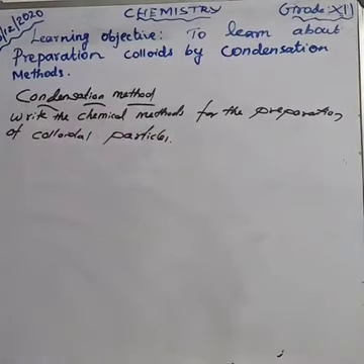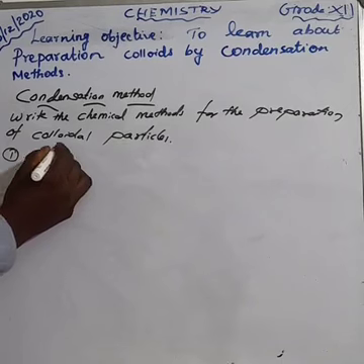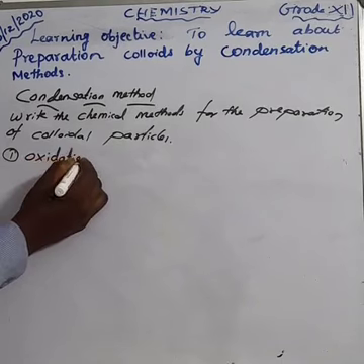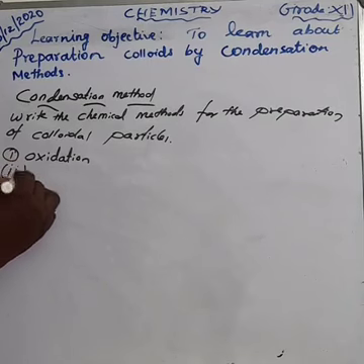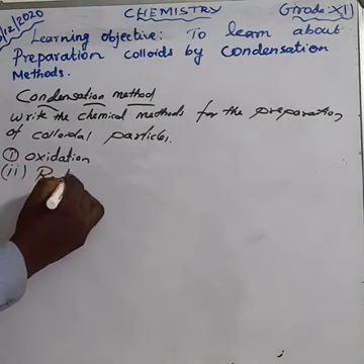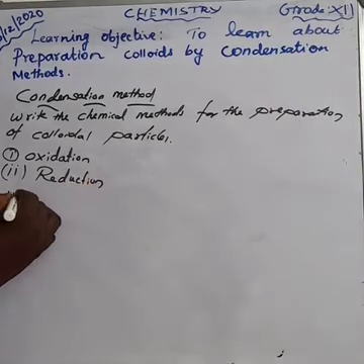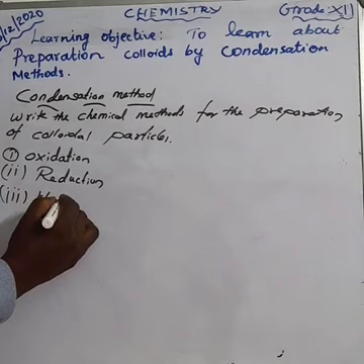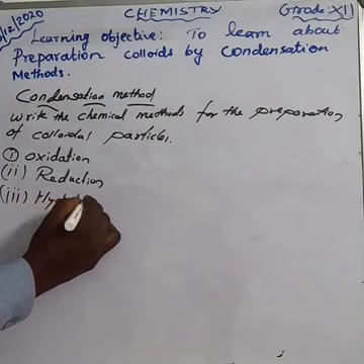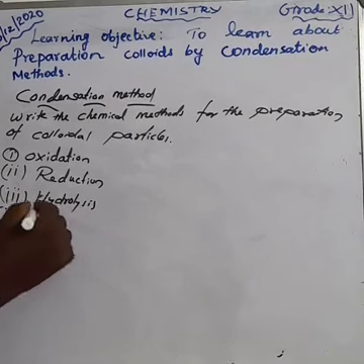Here we have 5 steps. One is oxidation. Second one is reduction. Third one is hydrolysis. Fourth one is double decomposition.